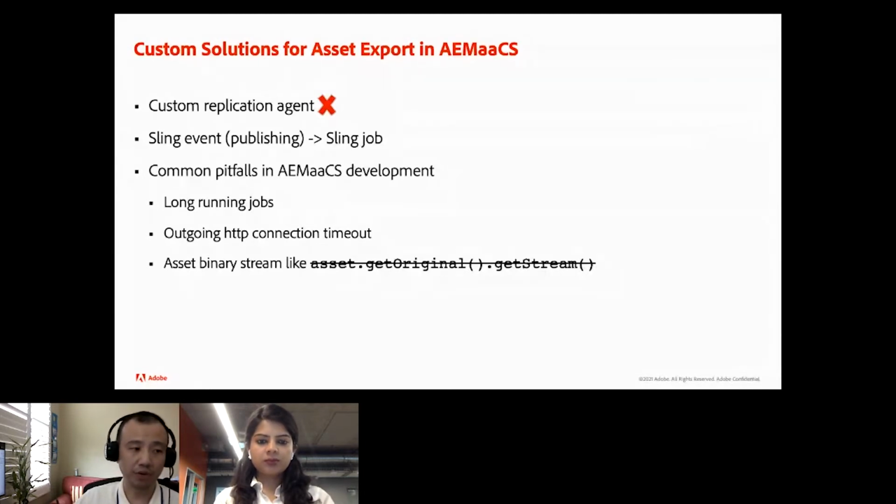Otherwise, you're probably going to fall into some common pitfalls, like long-running jobs or outgoing HTTP connections that cause timeouts. Also, sometimes you may use some deprecated APIs, for example, asset.getOriginal().getStream(). Those are not supported anymore in the AEM as a cloud service world.